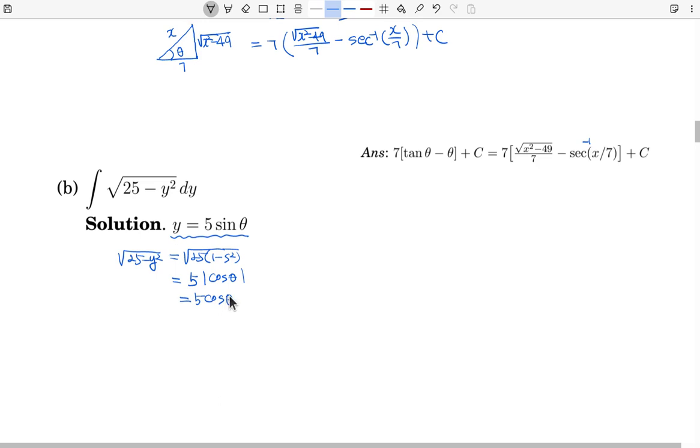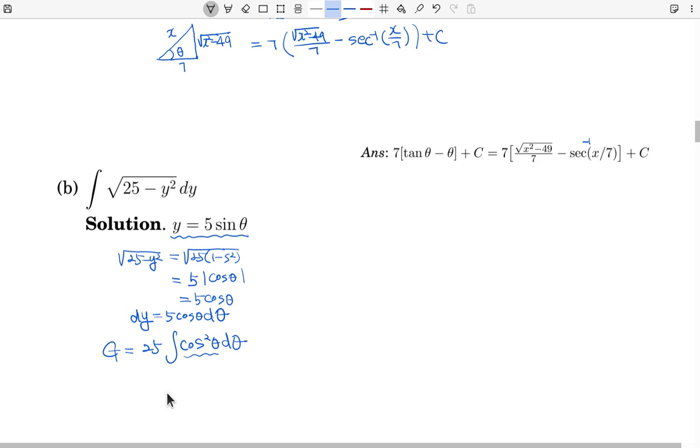Okay. Now, what is dy? dy equals 5 cosine theta d theta. So the given integral is this portion, 5 cosine theta, times dy, which is one more 5 cosine theta d theta. So 25 can go out, and we have cosine squared theta d theta, right?